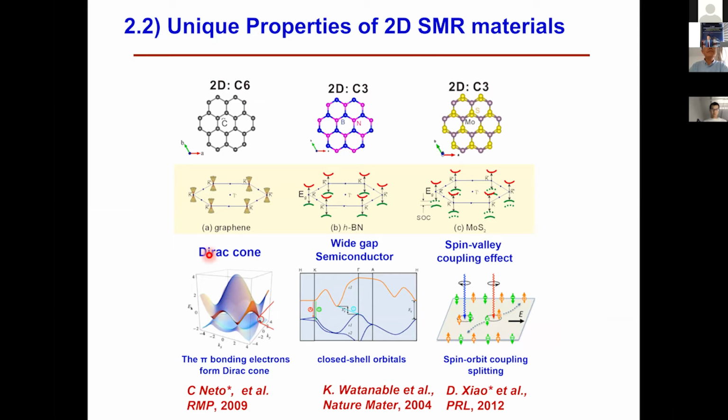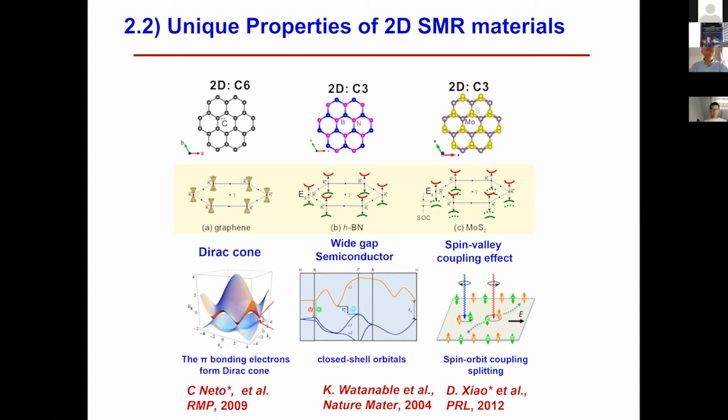For example, for two-dimensional materials, because of the structure unit, the material will have a Dirac cone, can be a wide gap semiconductor, or have a spin valley coupling effect due to the pi bonding electrons or closed shell orbitals or spin orbital coupling splitting.